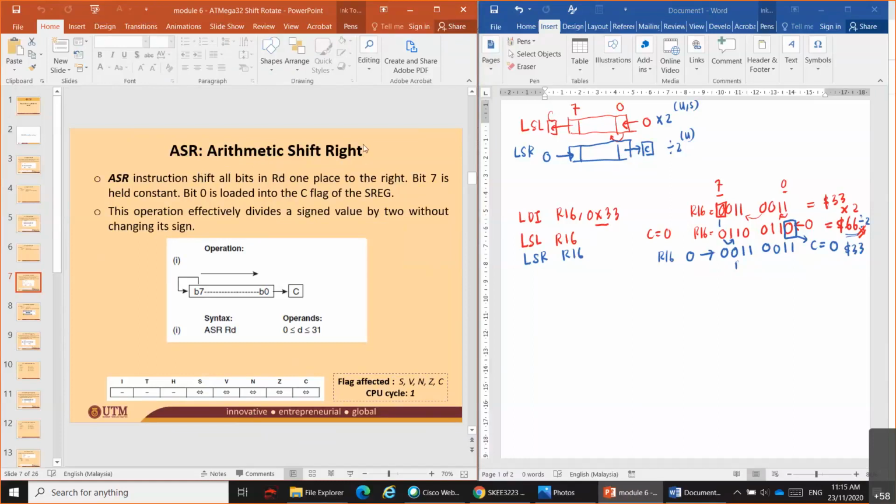Similarly, you shift one bit of the value in your register to the right, but bit 7 is held constant, meaning you copy back your bit 7 value, and bit 0 is loaded into the C flag of the status register. So this is ASR.